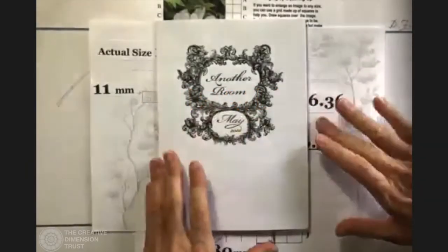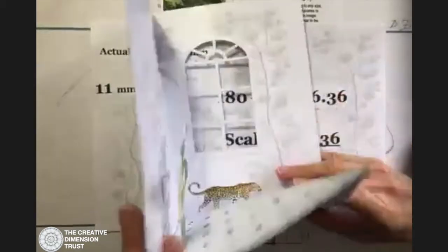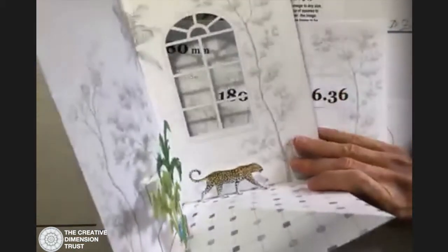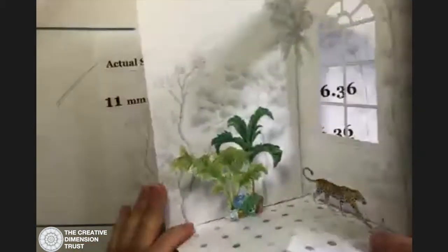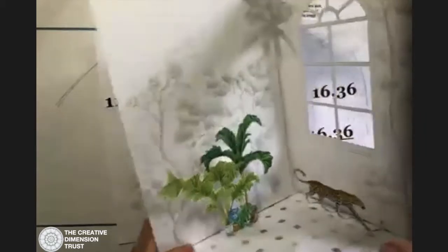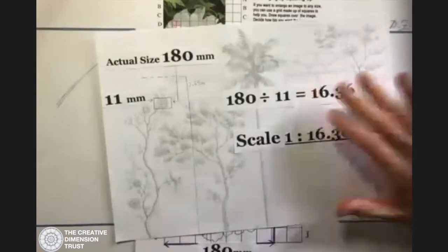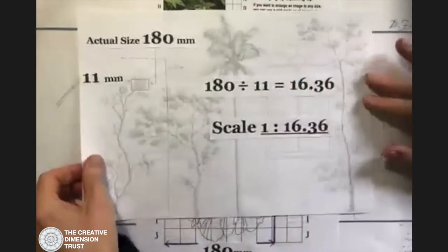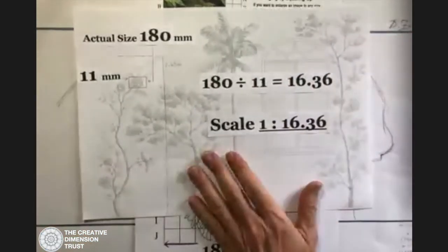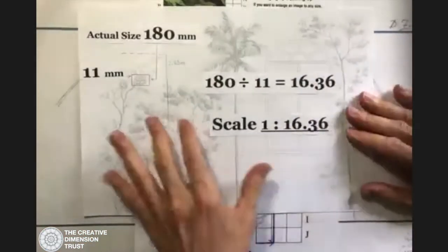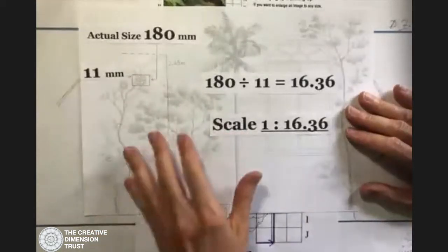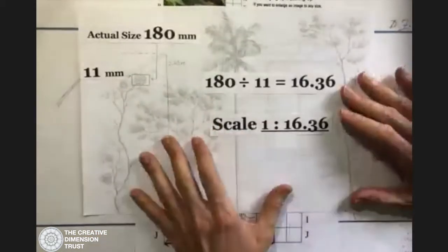Here we are. So we've made our pop-up design, and it was quite a small design on A4. I've got a photocopy of mine here, and today I wanted to discuss making an outline design at the actual size that you're going to work at.